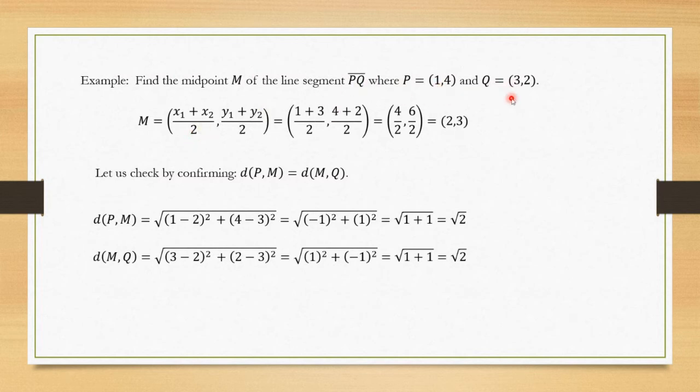We have 1 plus 3 over 2, and 4 plus 2 over 2. The x-coordinate is 1 plus 3 over 2, which is 4 over 2, that's just 2. The y-coordinate is 4 plus 2 over 2, 6 over 2, which is 3, as you can see.